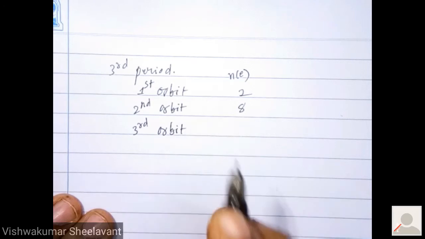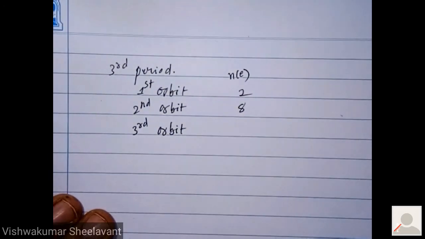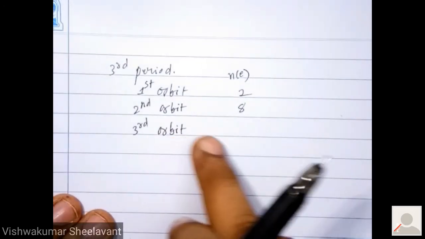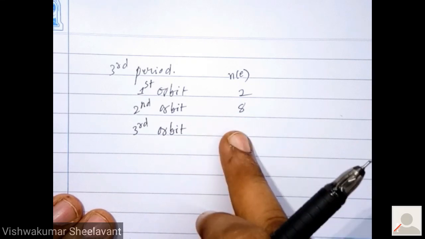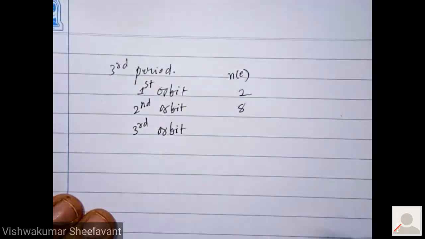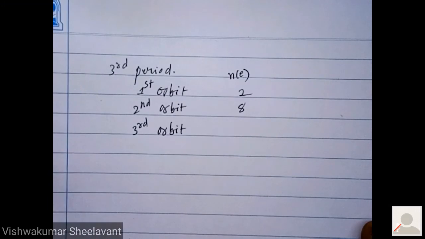Third orbit, using 2n square, 18. But how many elements can I place there? Because the third orbit is the outermost orbit, we can place only 8 electrons.